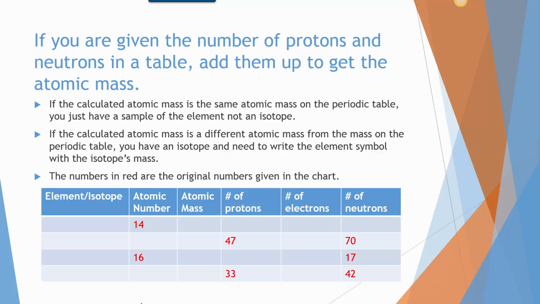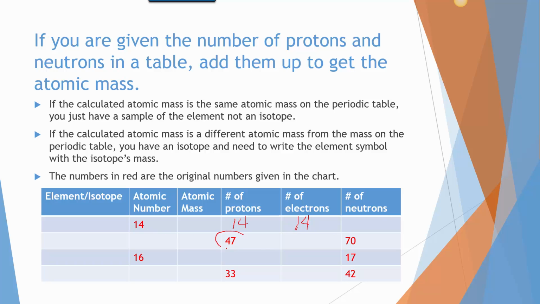So to do this, if you're given the atomic number and nothing else, it's just like the problems we've done in the past where you write down that you have 14 protons, 14 electrons, and you use the atomic mass from the periodic table and subtract that mass minus the atomic number.